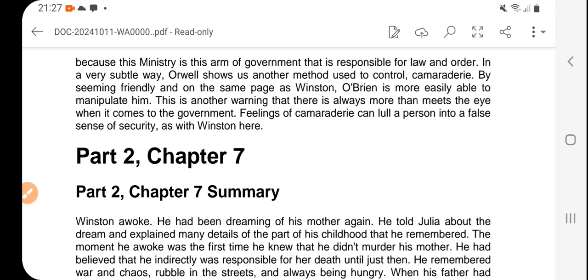In a very subtle way, Orwell shows us another method used to control: camaraderie. By seeming friendly and on the same page as Winston, O'Brien is more easily able to manipulate him.